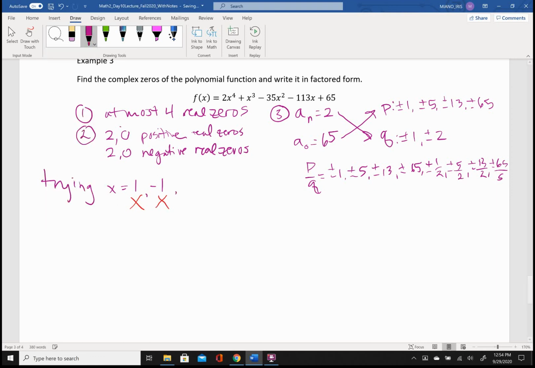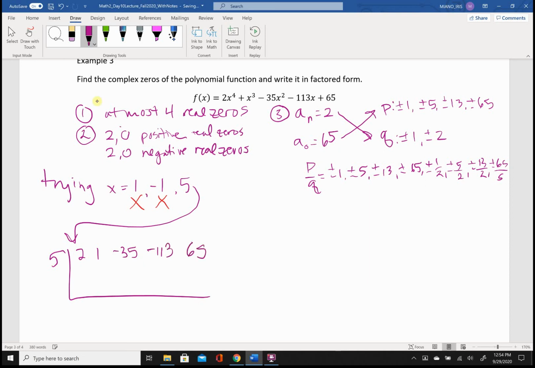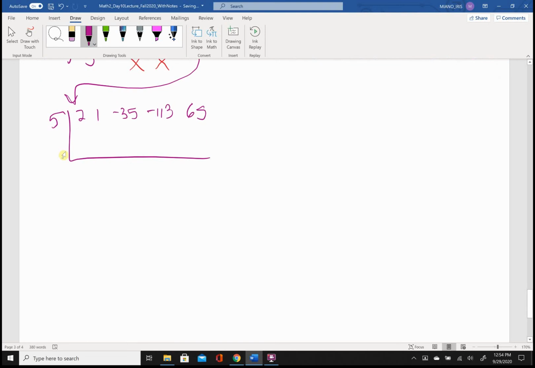Okay, so where did I go after that? I went for 5. 5 worked out. So let me go ahead and show you what 5 looked like. So 5, right? And then the coefficients here would be 2, 1, -35, -113, and 65. So I'm going to give myself some more room here. So that'll be dropping it down here.